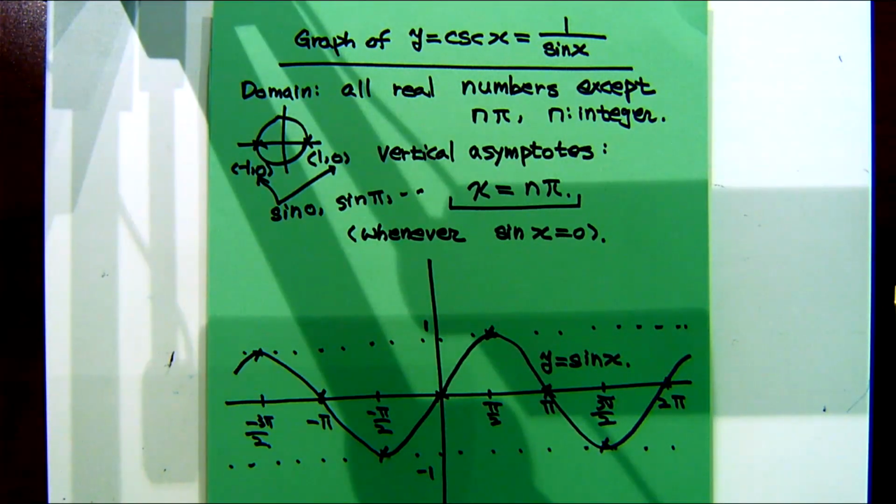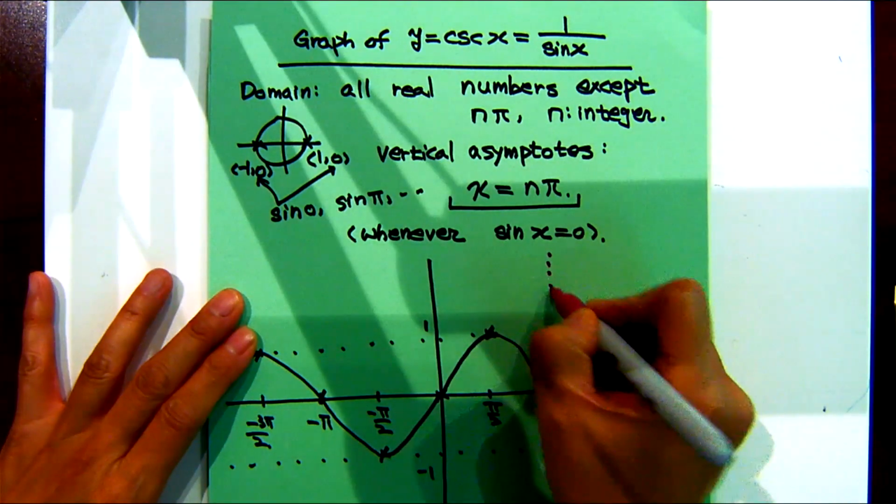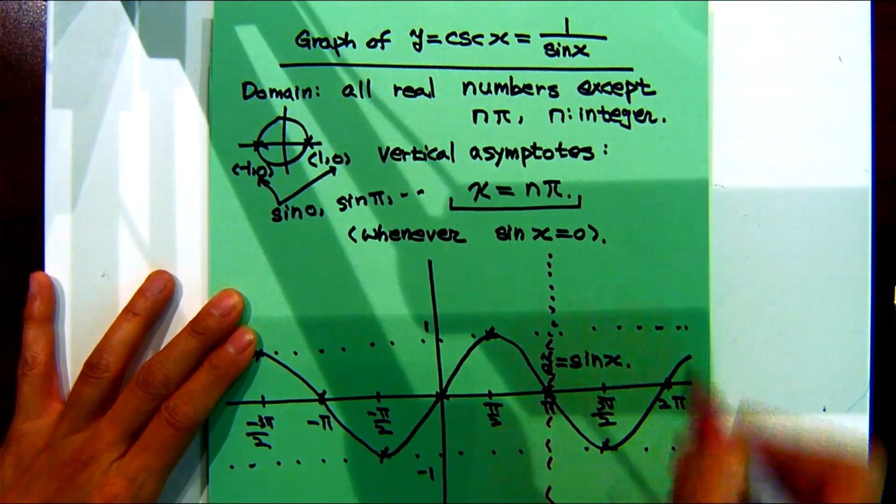We are considering the reciprocal function, so we do the same thing. Whenever the sine value becomes 0, we will draw the vertical asymptote like this.